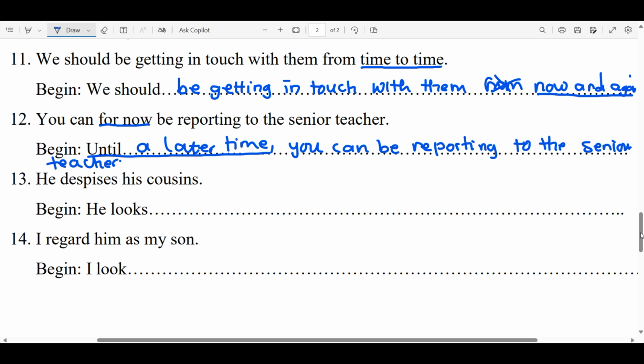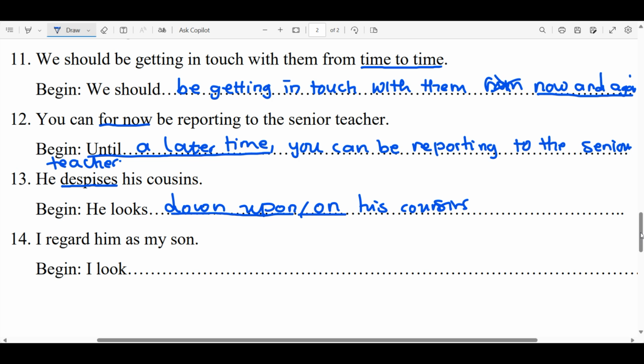Number 13, he despises his cousins. From this one, just look at the word despises. So we are going to say he looks down upon, or we can just use on, his cousins. So the word despise simply means look down upon or down on.